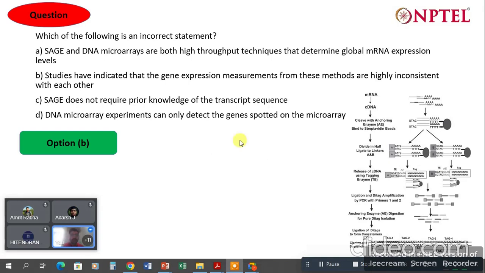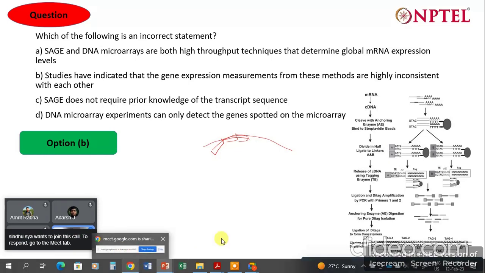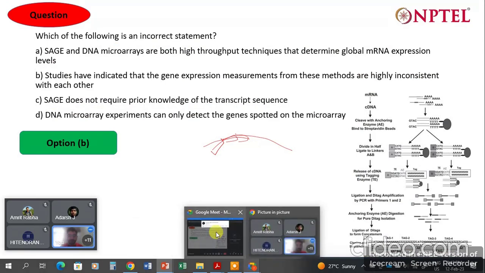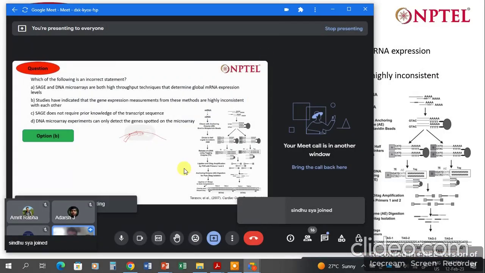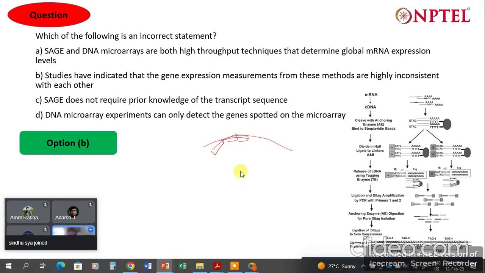They form a concatemer, that is a sequence of RNAs of different genes joined together. So after that they sequence and they hybridize with the probes of specific genes, and they find out which gene is overexpressed in the cell under consideration.